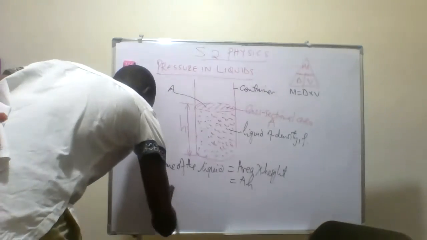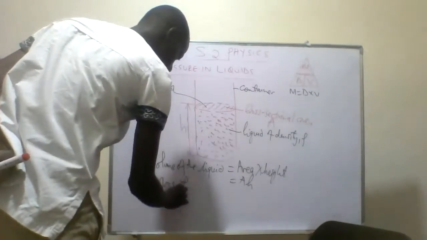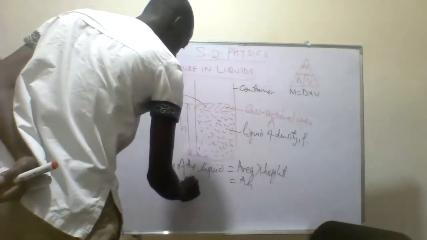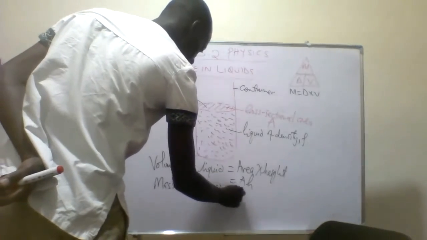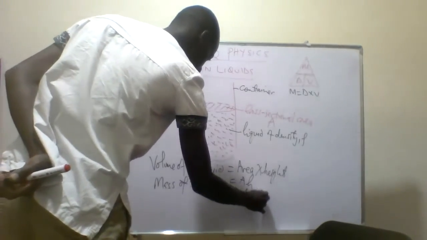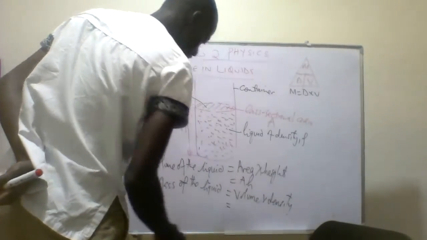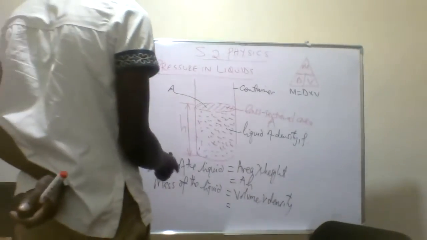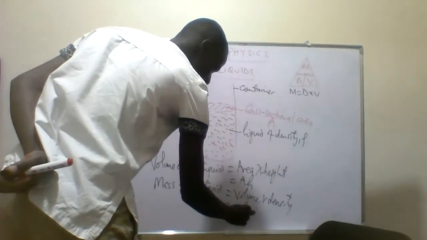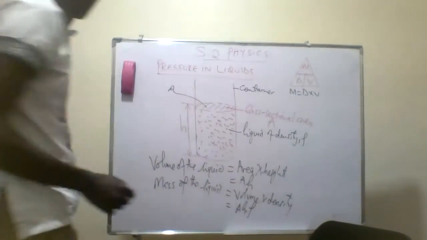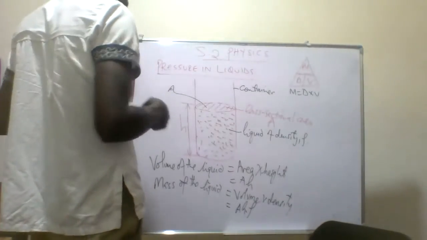After getting the volume of the container, we need to get the mass of the liquid inside. Mass of the liquid inside is got by volume times density, where the volume is AH times the density, which I have already given to you as rho.